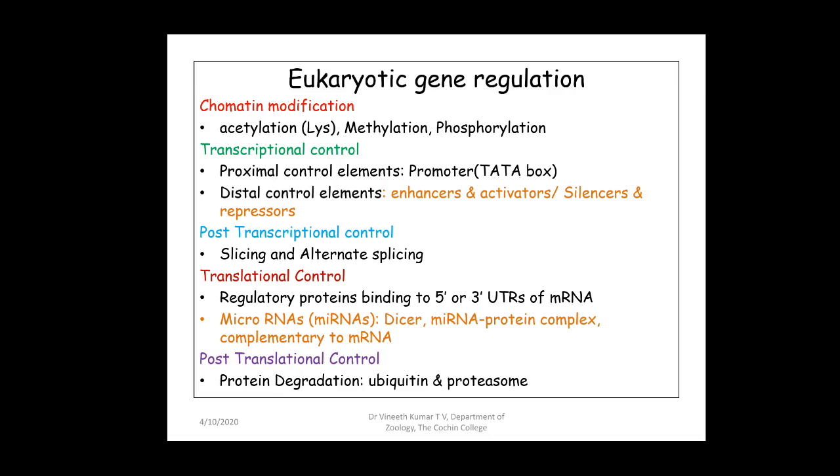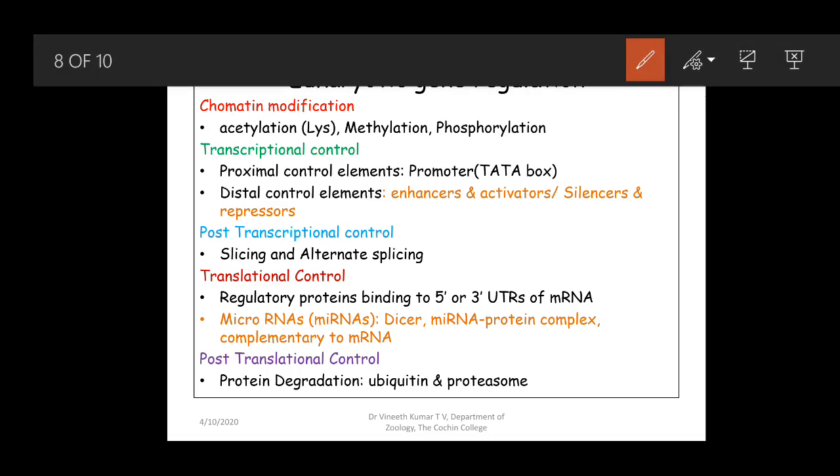Next is translational control. That means if the mRNA is formed, how can you control at the level of translation? There are regulatory proteins which bind to the 5' and 3' untranslated regions of the mRNA. After splicing, a mature mRNA is formed.